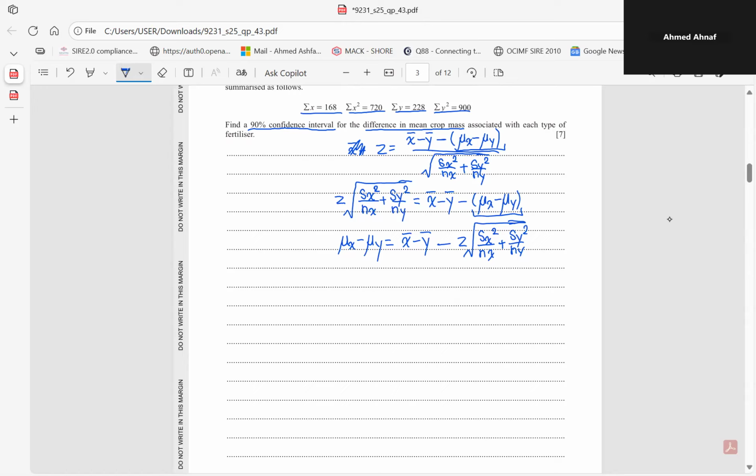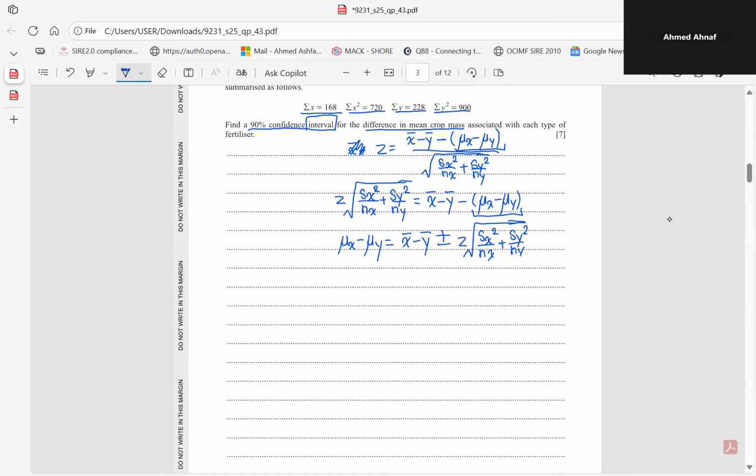As for why I left the sign like this, the sign can either be plus or minus because there's the word interval in it. So obviously there would be a lower bound and an upper bound of this confidence interval. One more thing to note is that this is not the correct explanation. It's just a way to derive the formula in case you forget it. So in no way is this meant to explain what the confidence interval is. It's just a way to derive it.